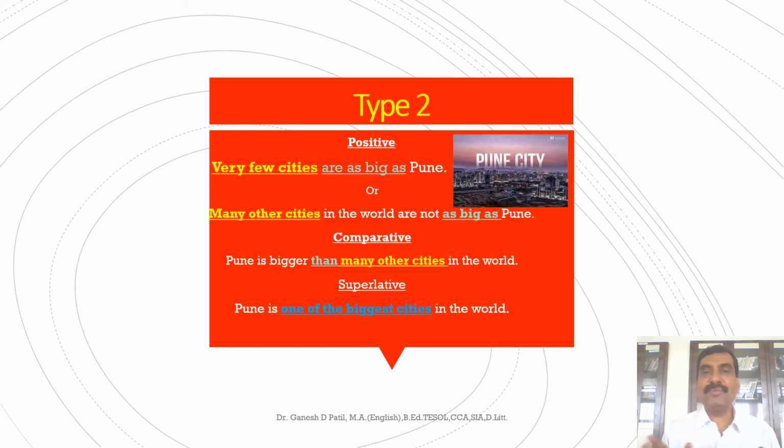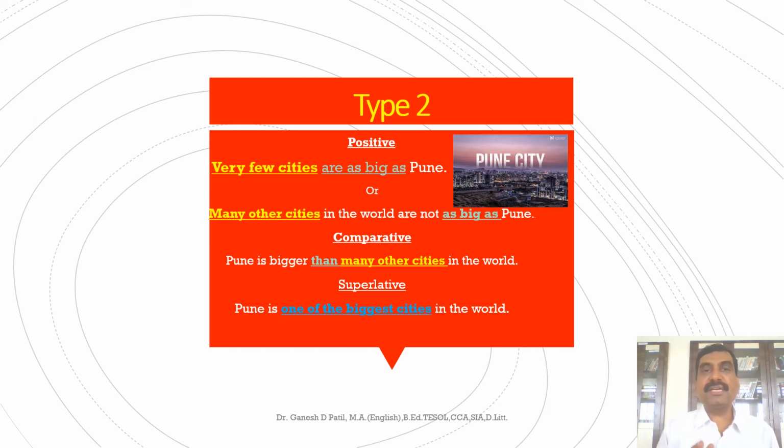Well, always remember in positive degree, while making comparison, there is as or so as. Whenever there is not in the positive degree, then we generally take so as. In comparative degree, after the comparative form of adjective, we take than and then any other or many other.